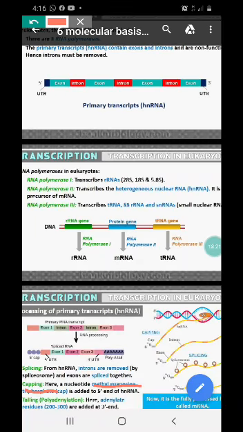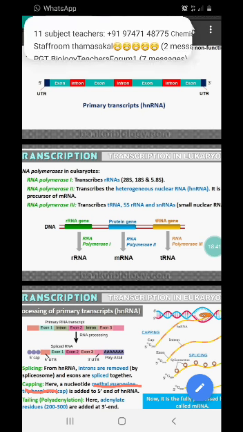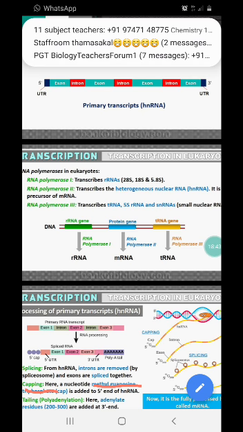What is the message encoded inside this mRNA? What is the kind of protein to be formed? Clear, children? So what are the 3 steps done to the hnRNA? Yes, splicing, tailing, and capping. Clear? Okay. So that is for today's class, children. Thank you, all of you.